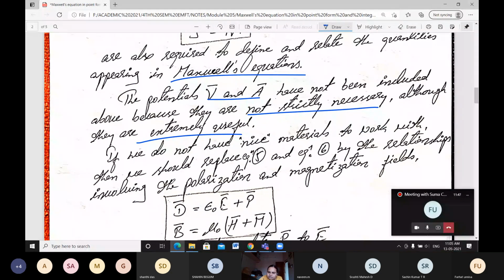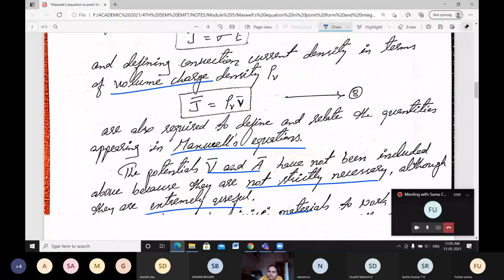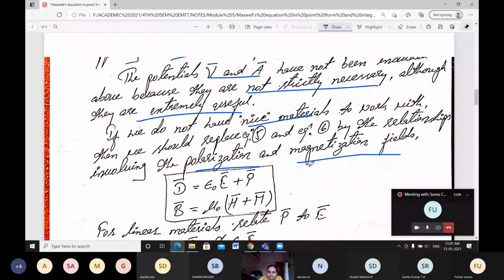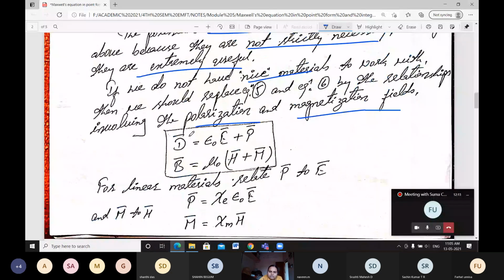Then, if we do not have a nice material, meaning which material you are going to work with, we should replace equations 5 and 6. It will be changing the equations. We have to replace them by relationships involving the polarization and magnetization fields. We change these two equations as D equals epsilon naught E plus polarization P in free space, and B equals mu naught H plus magnetization M. These changes we have to make when the material we choose is not in a good fashion.